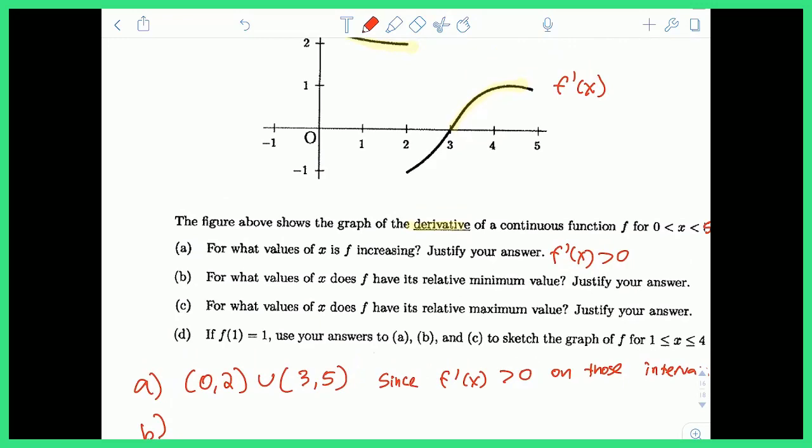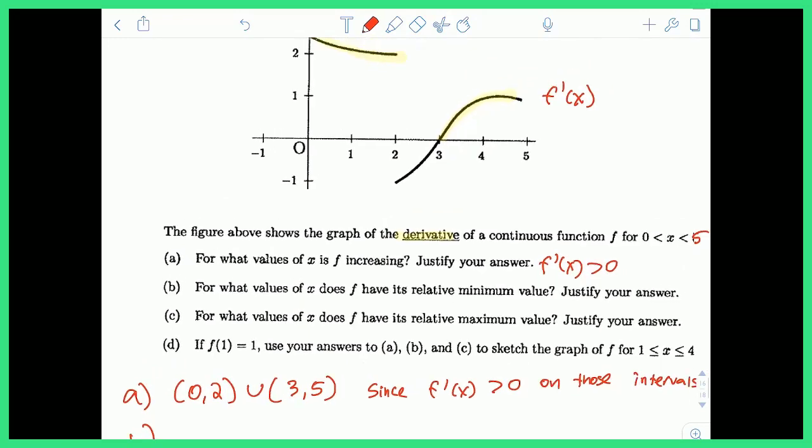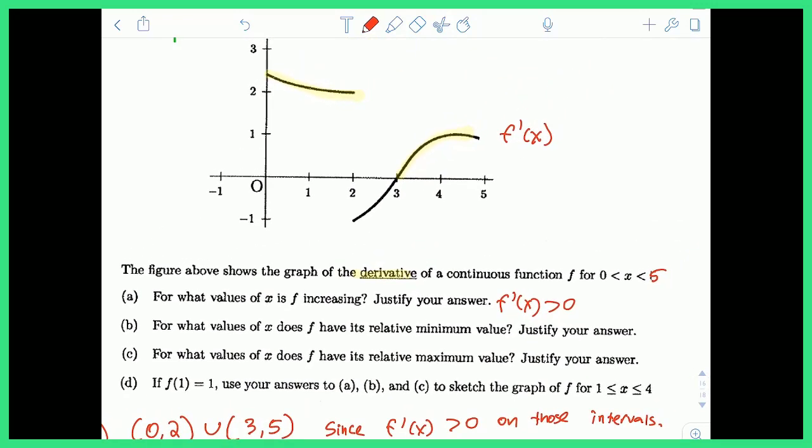B, for what value of x does f have a relative minimum value? So a relative minimum value of the original means the derivative needs to change from a negative to a positive. Okay? That looks like it happens right here at x equals 3, because I changed from a negative function value to a positive function value.